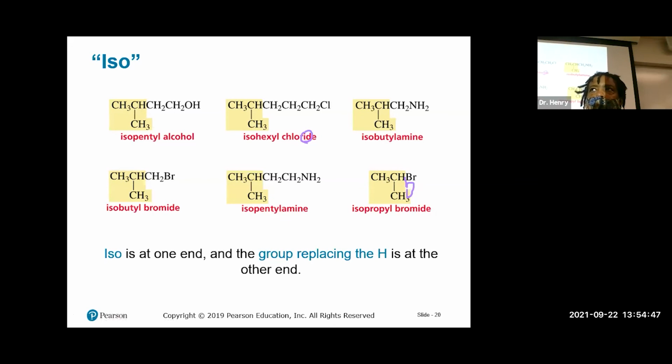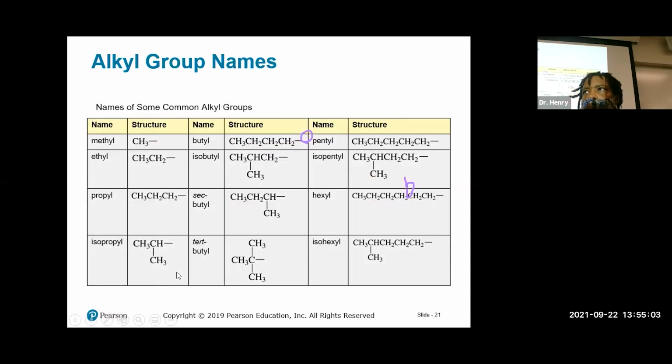Okay. We've already talked about iso. You see the structure, iso, iso, iso. So iso is always going to be that corner, you know, methyl on one side, methyl on the other side, and is attached to that middle carbon.